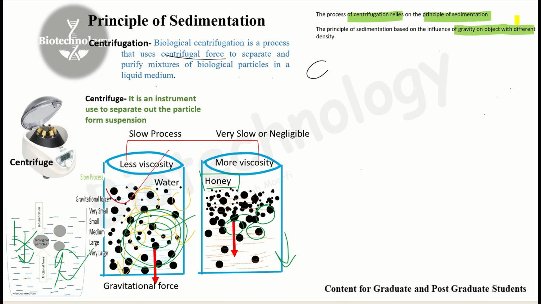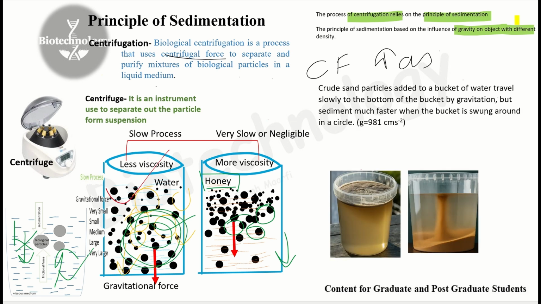Actually, the centrifugal force increases the rate of sedimentation and is especially essential for the particles which have very less density or the particles that have density very close to the density of the medium in which it is suspended. So our biological samples have very less density and will exhibit a drastic increase in sedimentation rate when they undergo acceleration in the centrifugal field.